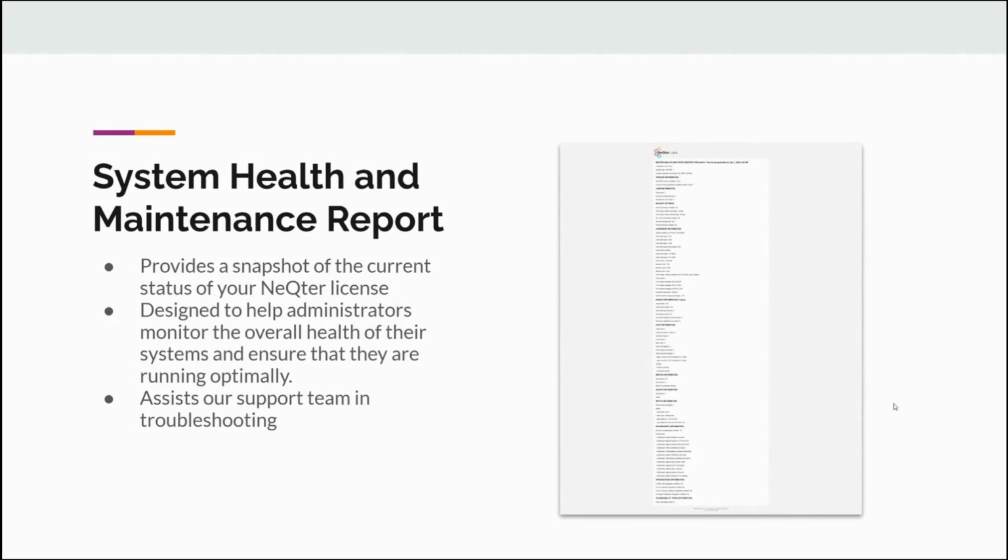But maybe, I don't know if selfishly is the right word, it's going to help our support team in troubleshooting, reducing time to get right to the root of the problem just by taking a look at the snapshot. And it's going to show up in the reports area like all of the other reports that we have. So let me start to break down what is included in that report.